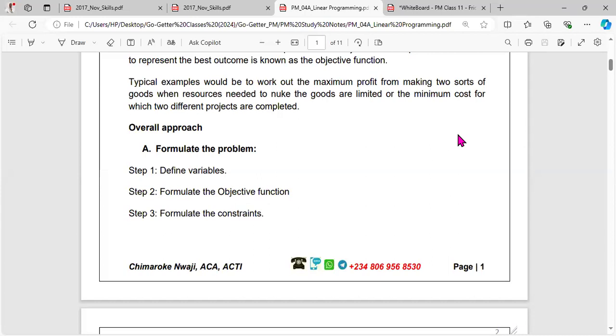You have to check how many constraints are available there. How many constraints do we have? I've told us how to get a constraint. A constraint is: you are told this is what is required to do this job. 500 units or 500 hours is required to do this job, right?